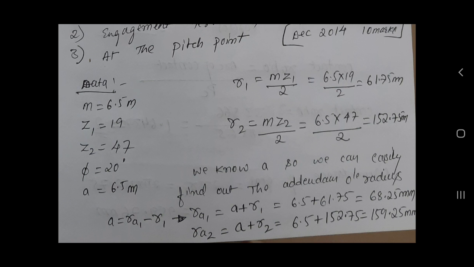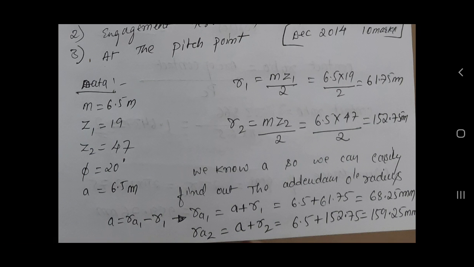Similarly for the next gear, R2 is equal to m z2 divided by 2, with m 6.5 and z2 47, divided by 2, giving 152.75 millimeter.